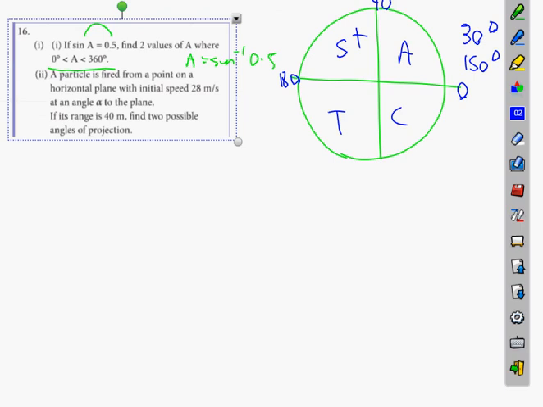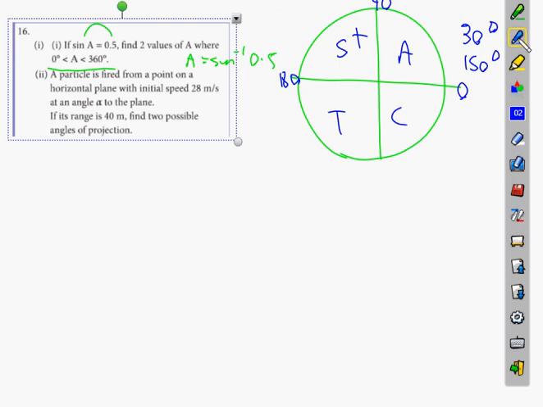Alright, now we're back to actual projectiles, okay? A particle is fired from a point on a horizontal plane with initial speed 28 meters per second and an angle alpha to the plane. If its range is 40 meters, find two possible angles of projection. Alright, let's assume we worked out what we already know from the last question.